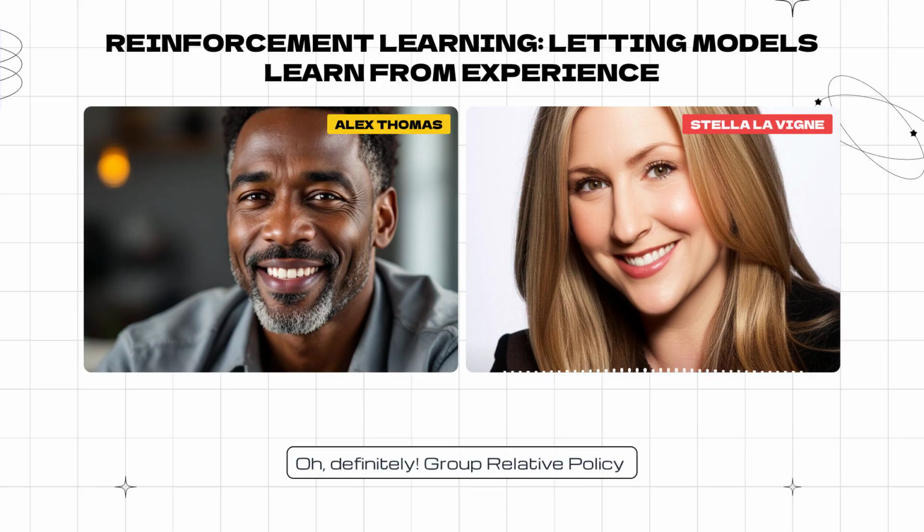Oh, definitely. Group Relative Policy Optimization, or GRPO, is a big one for language and reasoning models. GRPO samples multiple rollouts, different solution paths the model might take for a single prompt. A rules-based verifier then evaluates each rollout, assigns rewards, and those rewards are normalized to figure out how strongly the model should prefer certain reasoning paths.